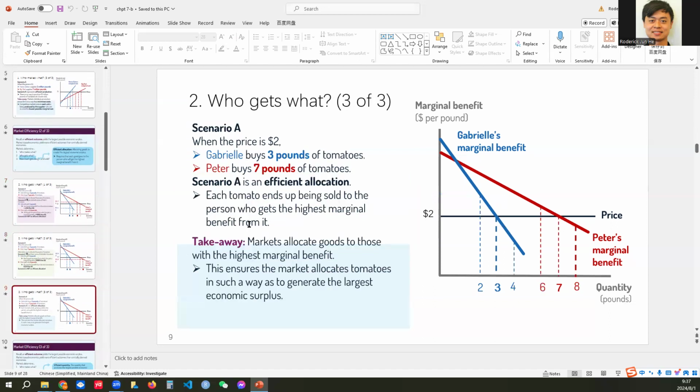Okay, so the consequence is scenario A is efficient allocation, in which Gabriel just buys 3 units and Peter just buys 7 units, so that their marginal benefit is just the price.